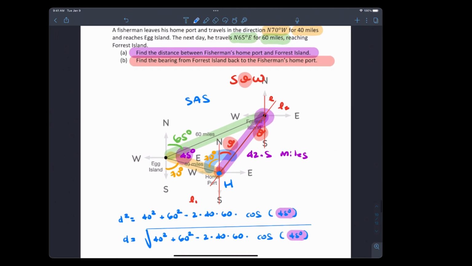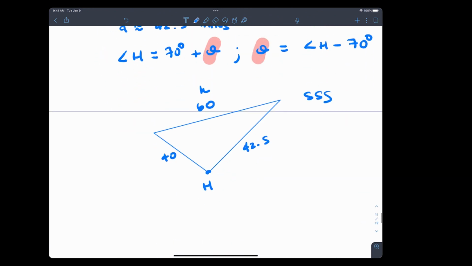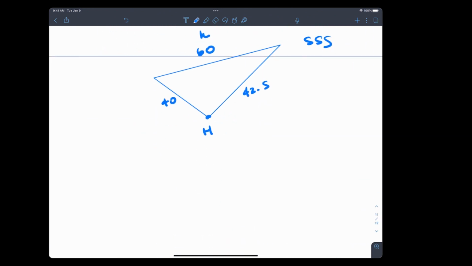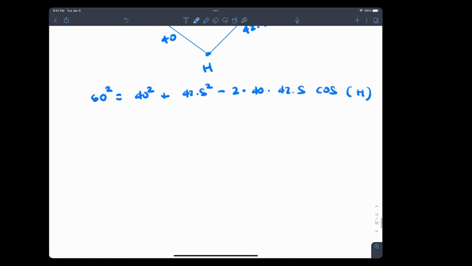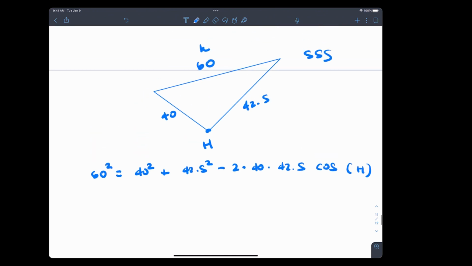So this is still law of cosines. How does law of cosines work? Little h squared is going to be 60 squared. And again, the legs don't matter. 40 squared plus 42.5 squared minus 2 times 40 times 42.5 cosine angle H. This is the law of cosines.